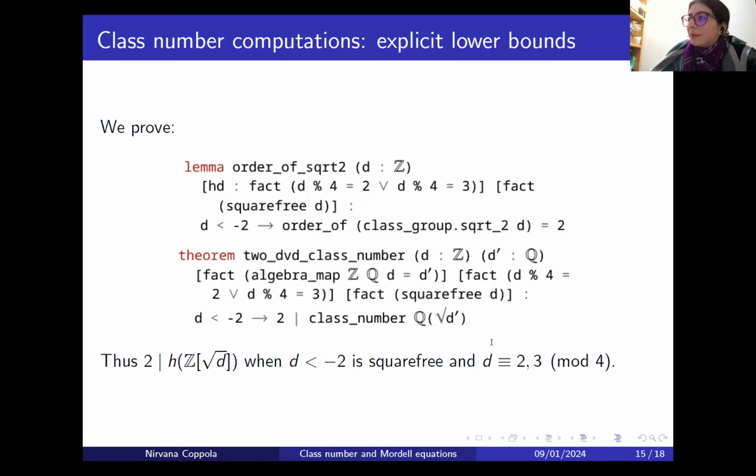Well, mostly the problem is that, for example, in this theorem here, we have the class number of the field instead of the ring. Yeah, sure. Well, anyway, I agree with you that the nicest thing to do would be to say just, look, D and D prime are the same thing, only in two different rings. But I remember that we had some problems with that, although I don't remember exactly what the problems were.